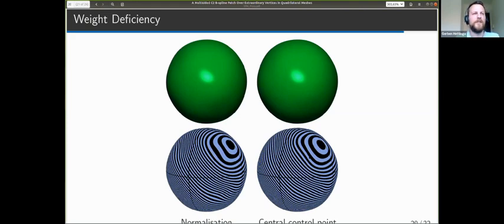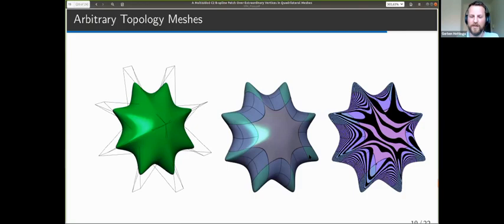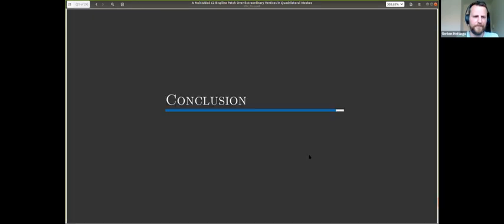Of course, this effect increases for higher order patches, as you can see with the octagonal patch here, because when considering more sides, the weight deficiency actually increases. So there's less weight in the center of the patches, and more influence is given to the normalization or to the central control point.